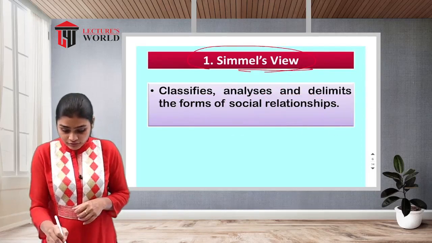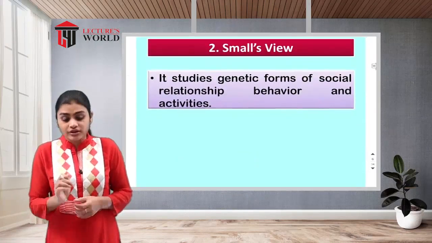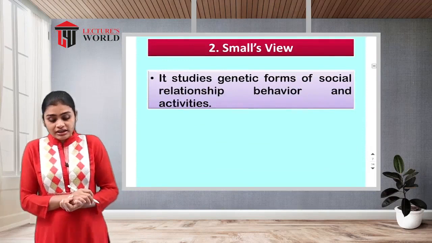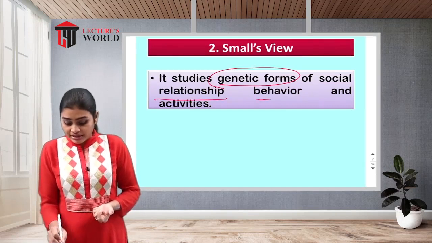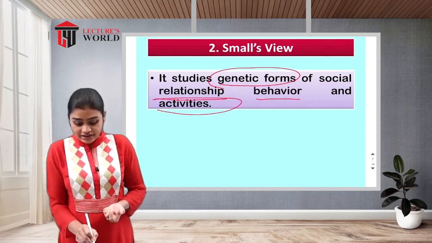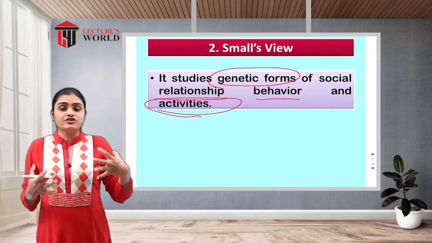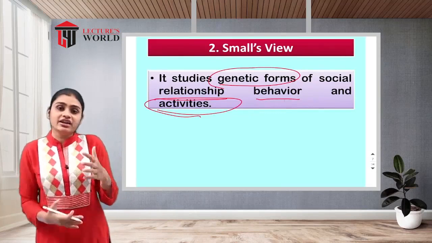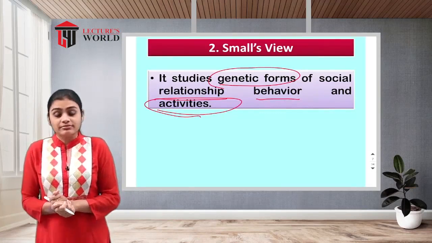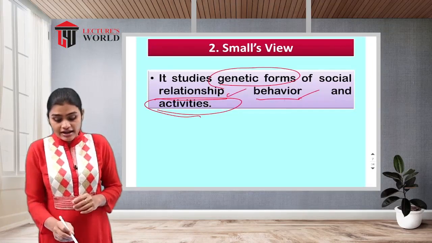The next view has been given by Small. He is another sociologist. Small studies genetic forms of social relationship, behavior and activities. Genetics means what one individual got from their genes, from their parents, through heredity. That genetic kind of thing was studied by Small, in relation to social relationship, behavior and activities.